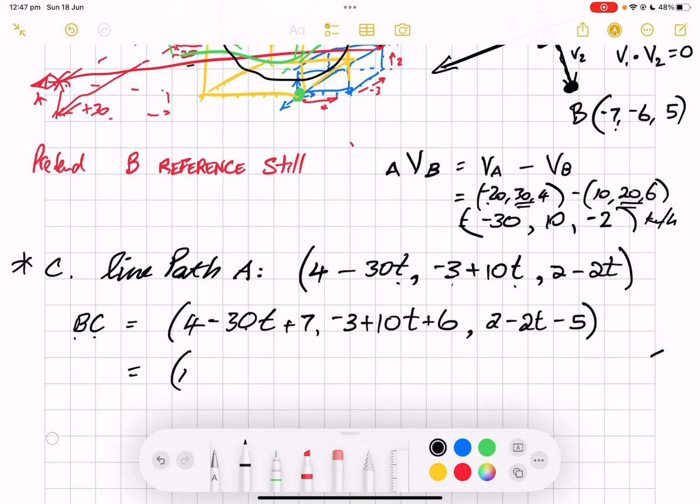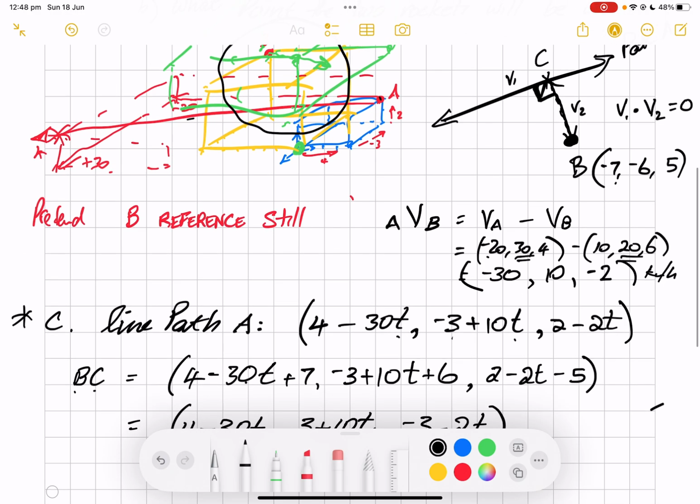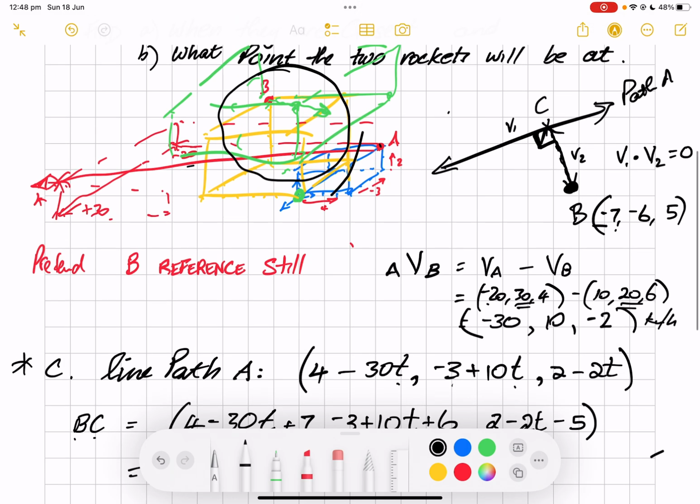That is 11 take 30t, 3 plus 10t, negative 3 minus 2t. Now, we dot with the pathway, because it's got a direction vector of negative 30, 10, and negative 2.